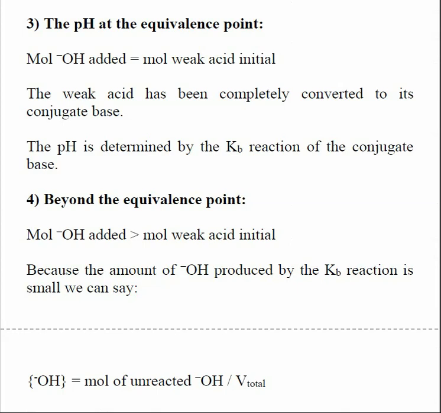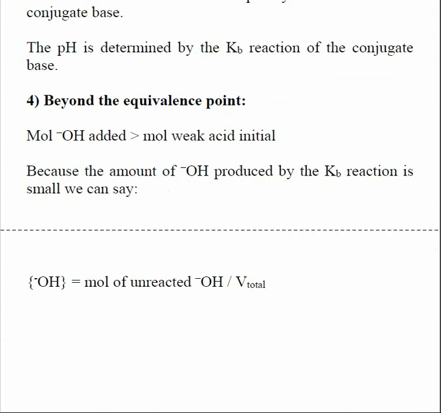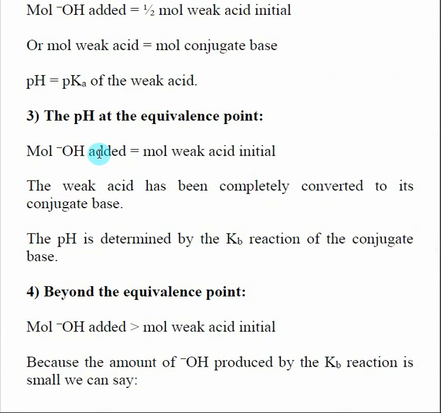So for a weak acid, strong base titration, the equivalence point pH is going to be higher than 7. So we will know we're at the equivalence point when the number of moles of base that we've added is equal to the number of moles of weak acid. By this we mean we have converted our weak acid completely into the conjugate base of that weak acid.